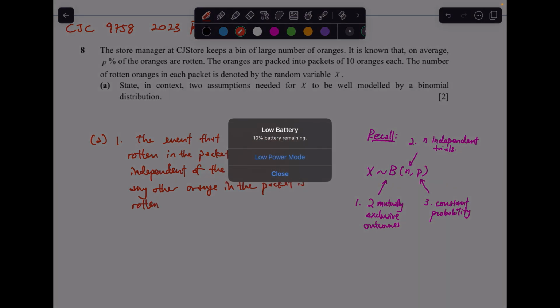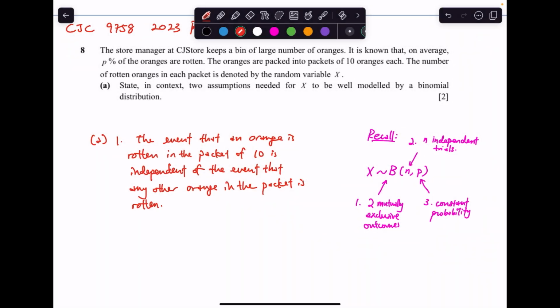Okay, so we just want to fit into context. So just tell them what it means to be independent trials in the context of these oranges in packets.